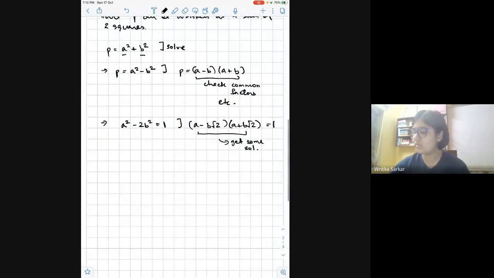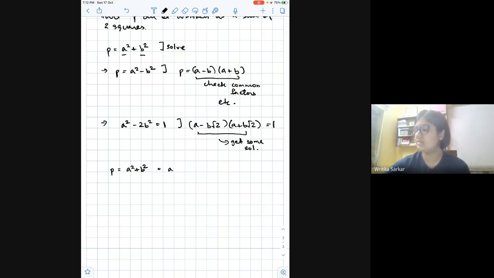naturally, what we can do is factorize p is equal to a squared plus b squared. We can't factorize it in the integers or the reals for that matter, but we actually can factorize it if we allow numbers whose square is minus 1, right?